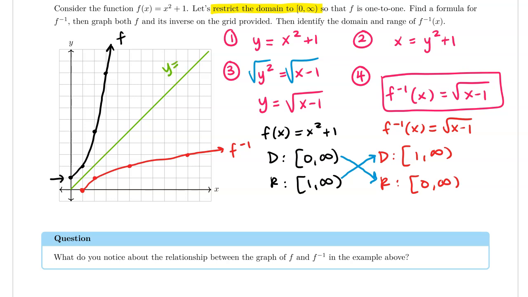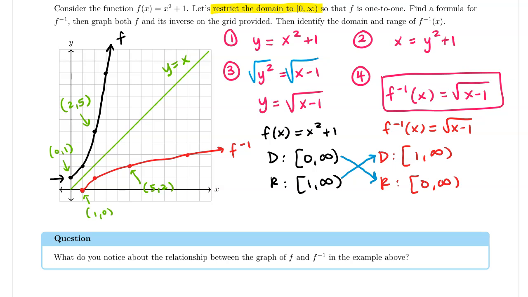Okay, so this is the line y equals x, and notice that they're symmetric because essentially what we're doing is swapping all of the x and y coordinates. So for example, this here is 0, 1, and then to get this point, we have 1, 0. Or for this one, this is 2 comma 5, and then this is 5 comma 2.